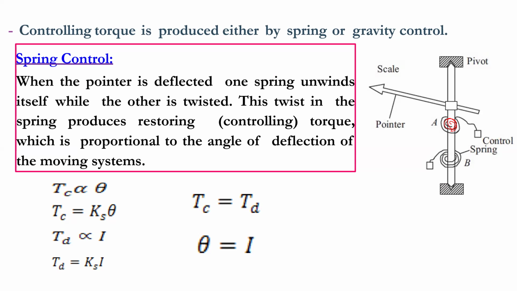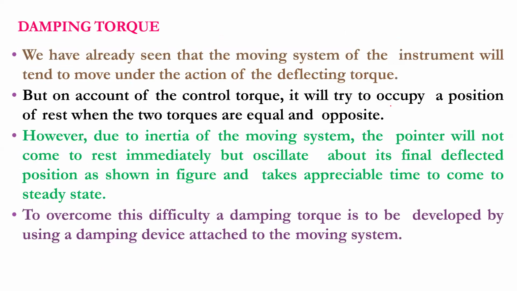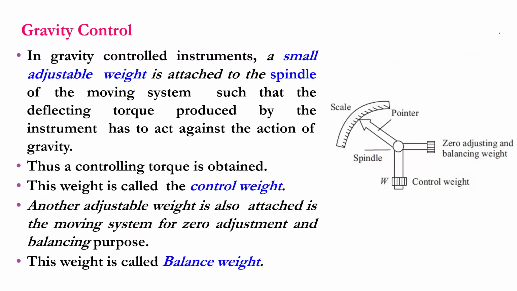This one is gravity control. Just observe the pointer here. We can use a control weight, and perpendicular to the control weight we have a balancing weight. This is the balancing weight, and this is the controlling weight. We connect it to the pointer.